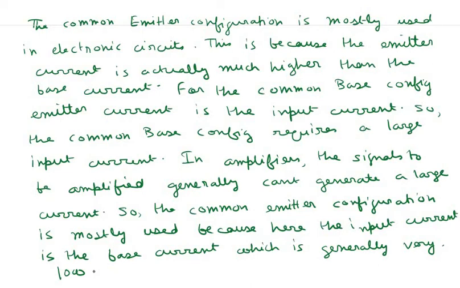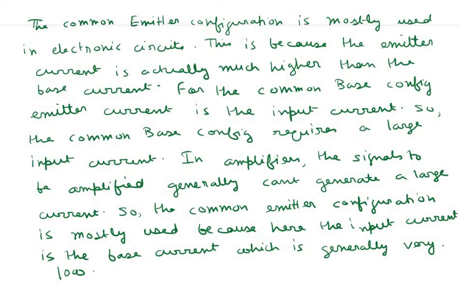Less than 0.01% of the total emitter current actually goes into the base current. So the base current can be really low, or transistors can be manufactured to give very low values of base current.